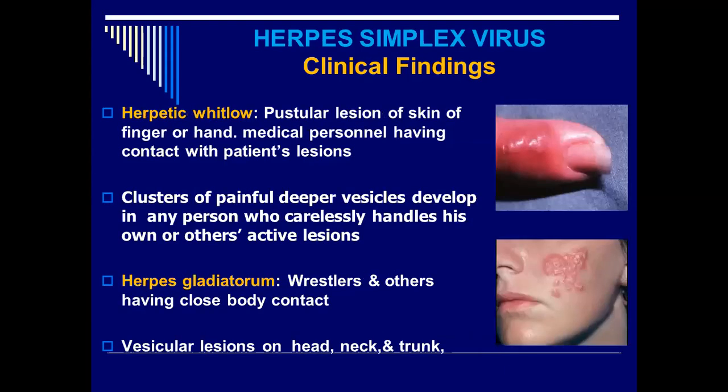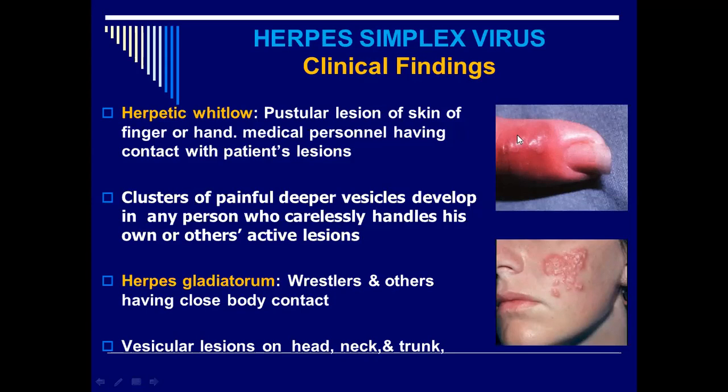Now, another important problem with HSV1 infection is the herpetic whitlow that we just discussed. You can see skin lesions on the fingers, and this can go up to the hands. This is mostly observed in medical personnel having contact with the patient's lesions, either in the genital area or the reproductive area or on the hands.